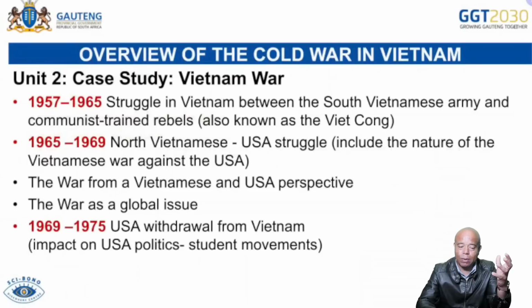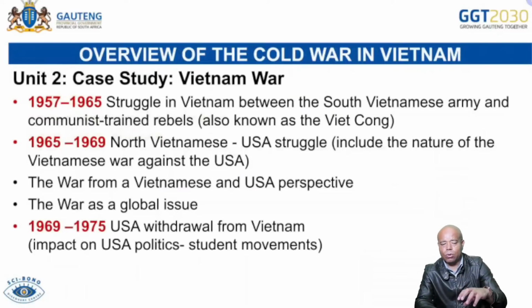So it's important that we understand that in 1954, there is a background paragraph. In 1954, Vietnam was divided into North and South. North, communist; South, capitalist. The South had a corrupt leader, Ngo Dinh Diem. The North's leader was called Ho Chi Minh. The North was supported by the Chinese and the Soviet Union, and the South was supported by the USA.